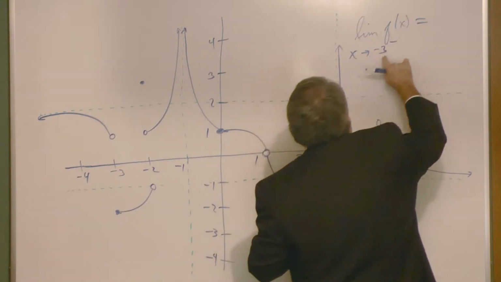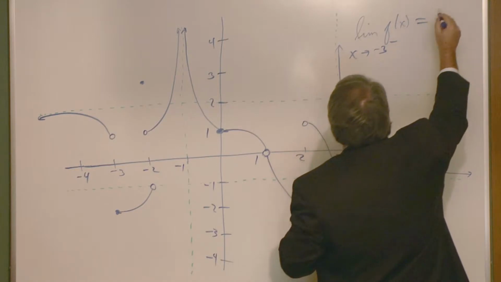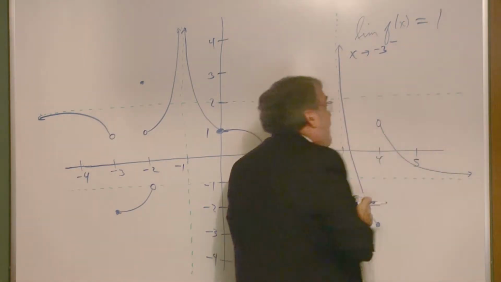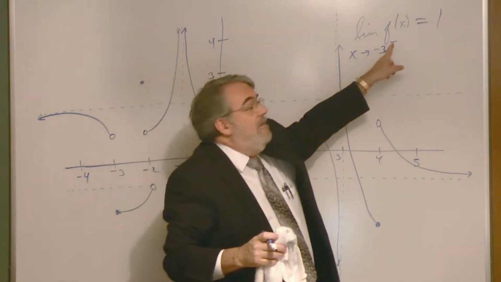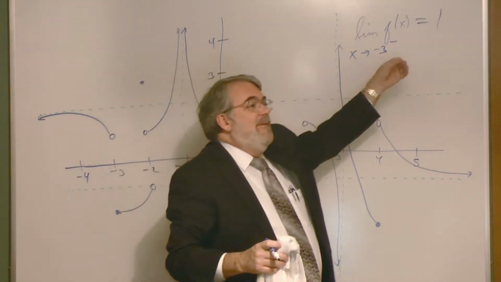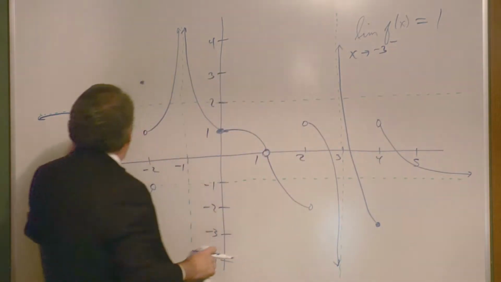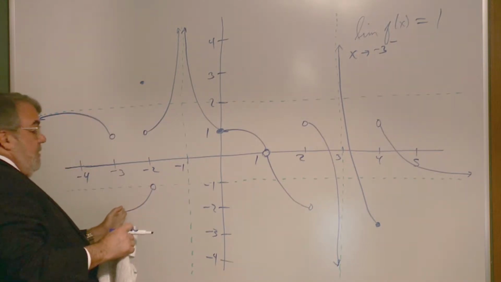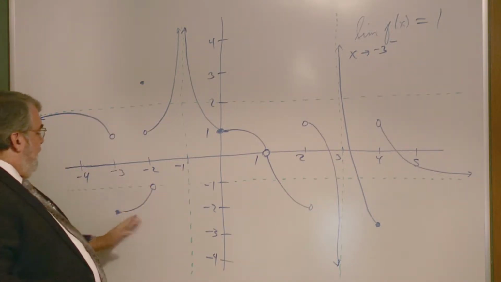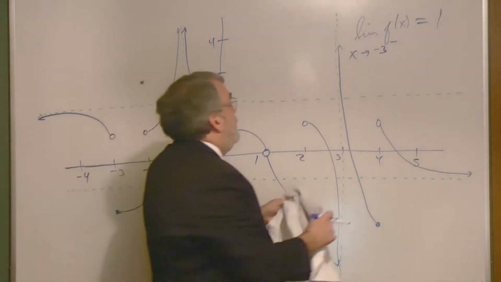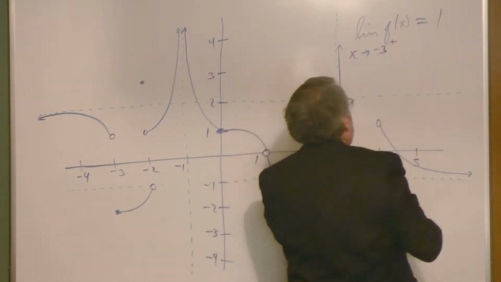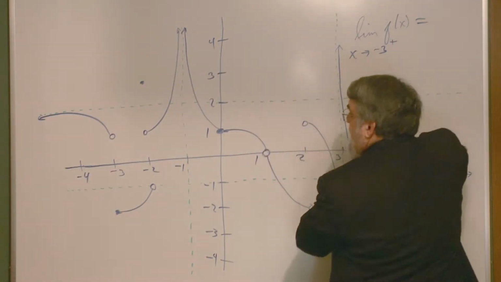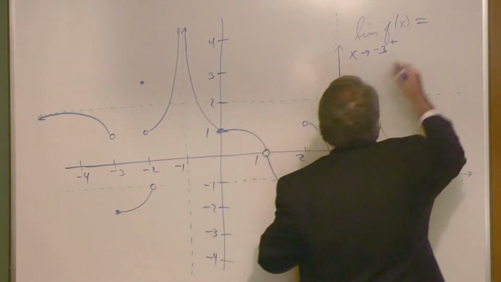Make sure you have a negative 3 with a minus sign as a superscript, equals 1. It's actually not raised to the minus 1. It just means negative 3 from the left. So it approaches 1. But if you approach from the right side, it approaches minus 2. So if I change this to a plus, then my answer becomes negative 2.